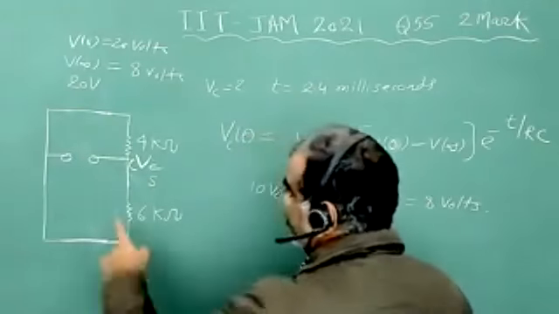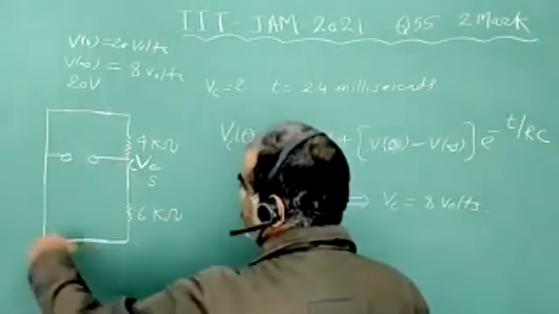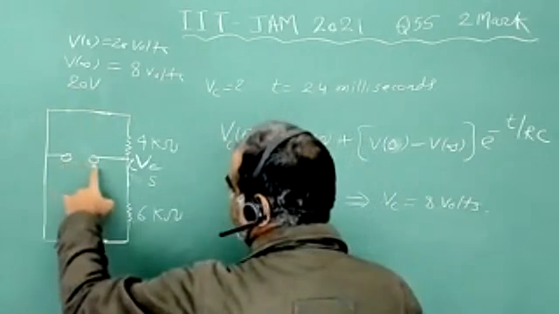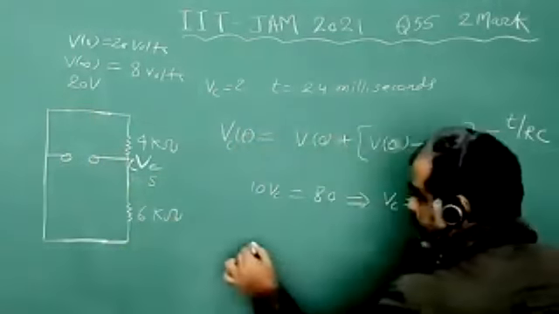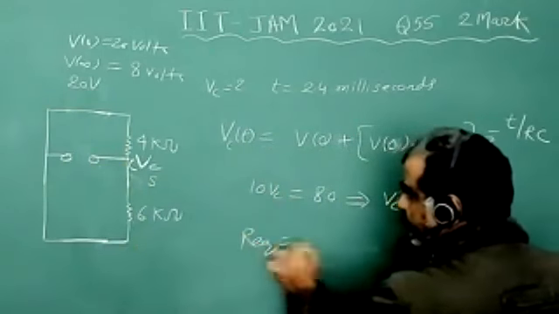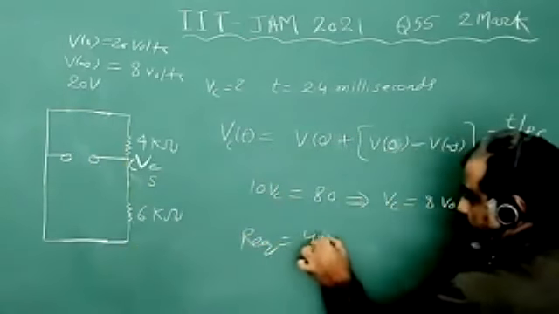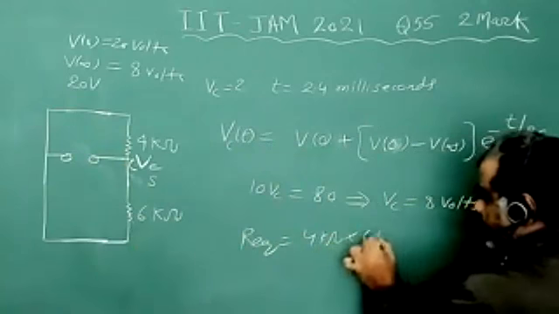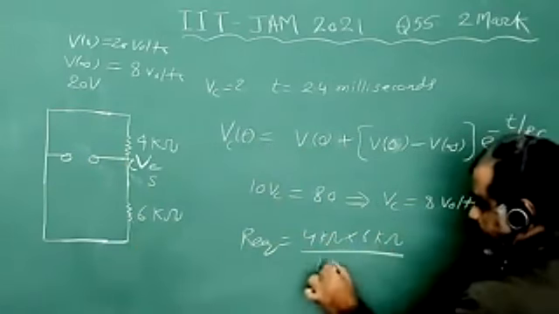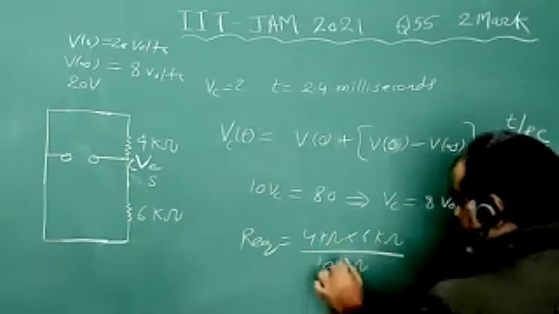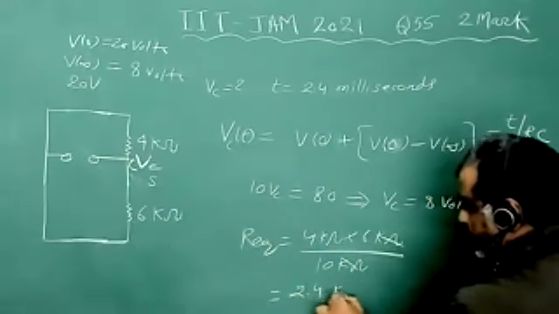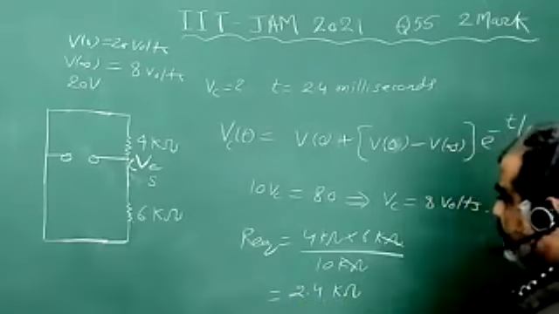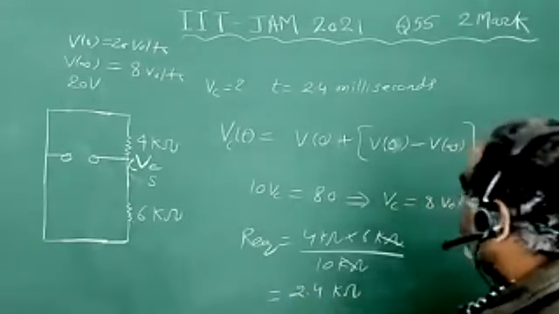Now if I see the resistance across the capacitor terminals, these 4 and 6 kilo ohm resistors are in parallel. So R equivalent will be 4 kilo ohm into 6 kilo ohm upon 10 kilo ohm, which gives me 2.4 kilo ohm.